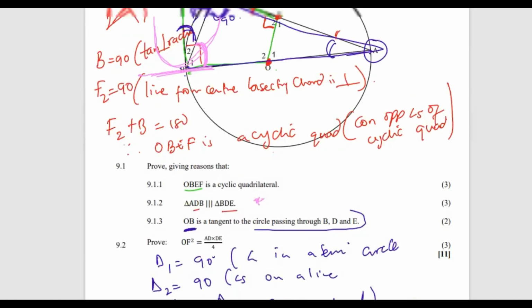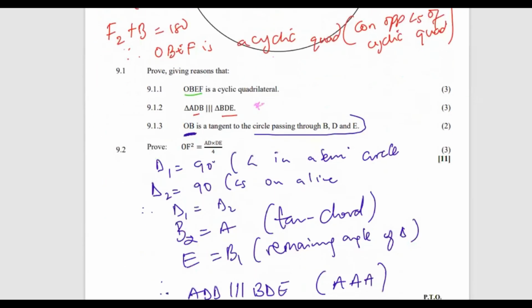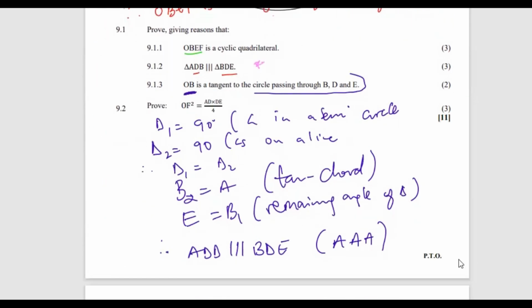It's 9.1.3. Don't worry. We're saying B1 is the same as E. We proved that from the previous question. Therefore, OB is a tangent. The reason is going to be the converse of the tan chord.